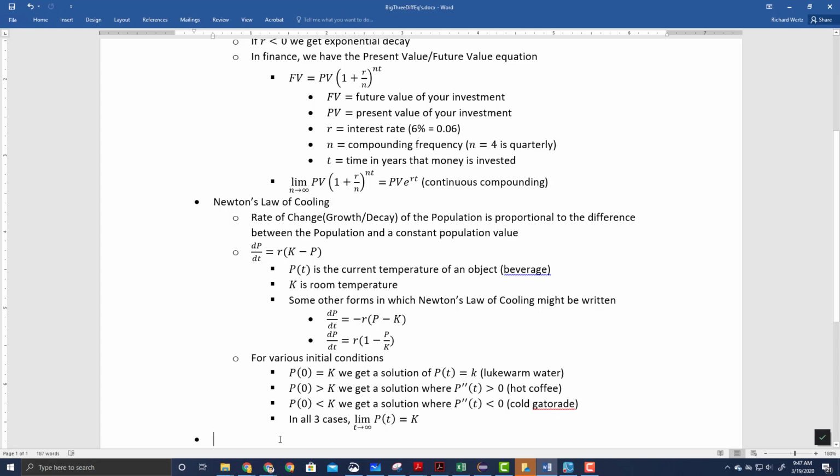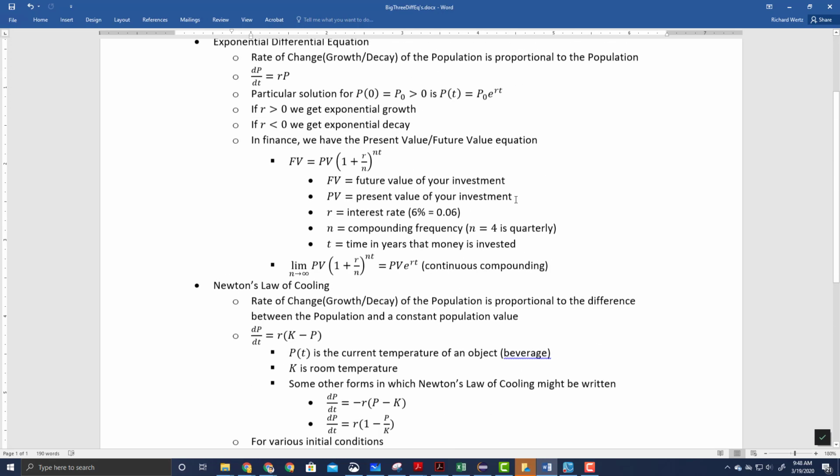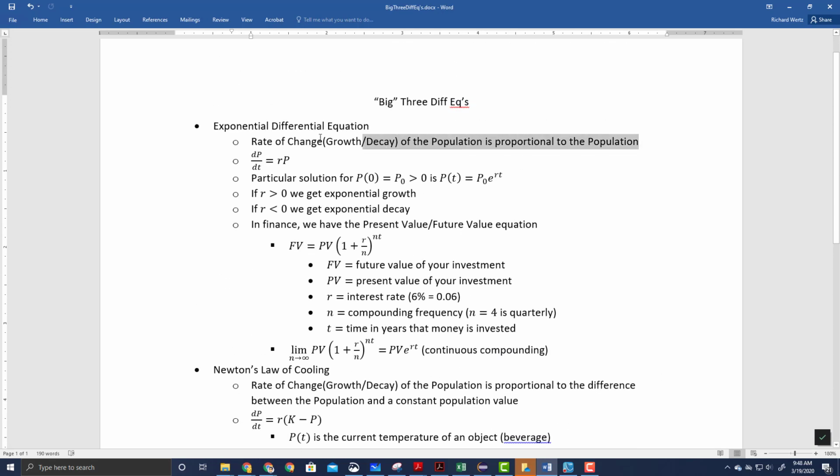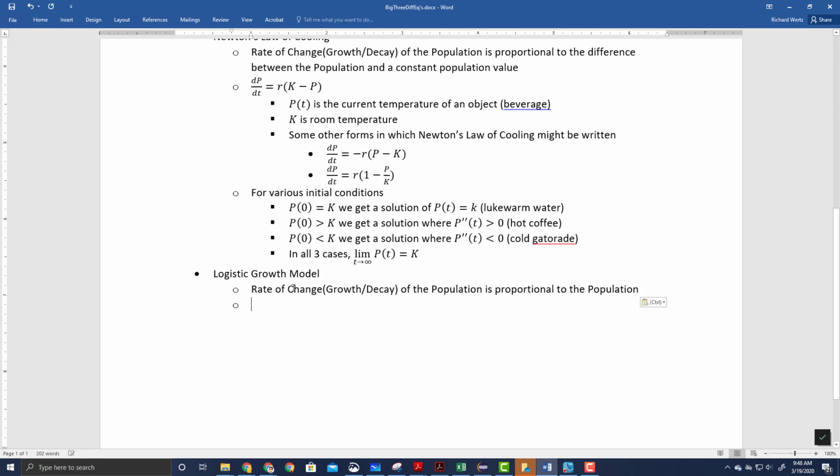Okay, and the third differential equation, which is sort of like what would happen if exponential growth and Newton's law of cooling got together and had a baby. That's called the logistic growth model. In the logistic growth model, the statement is basically that the instantaneous rate of change is proportional to two things.